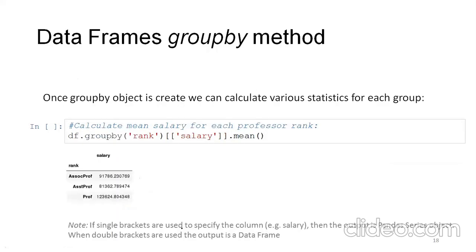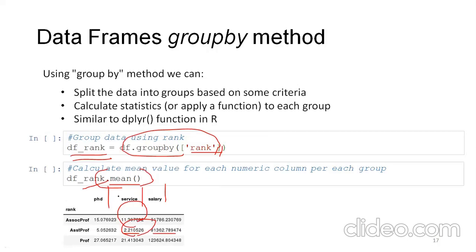Similarly, we can do the calculation for a particular column also. In the previous example we saw the mean for all three groups, so we applied rank dot mean, meaning that all the column values are averaged and we get the values.